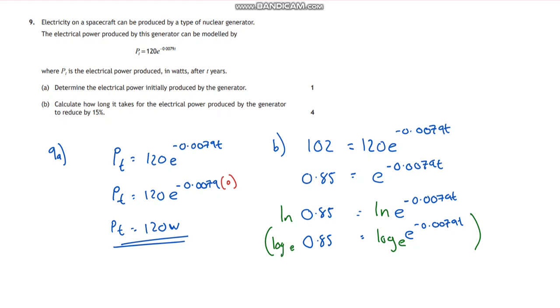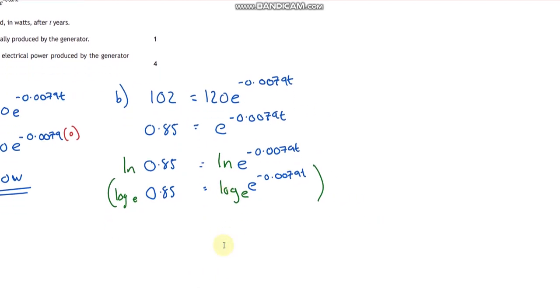What you can do is go straight on to the next line and just say that the natural log of 0.85 is equal to -0.0079t, because these just cancel out. You could just go straight onto that line.